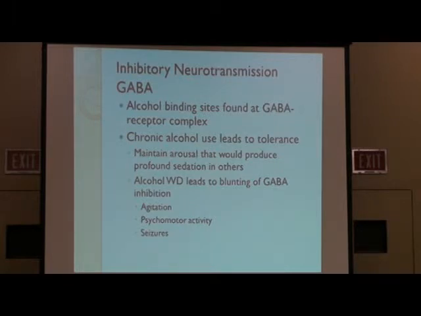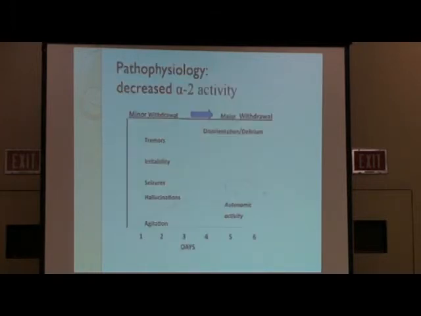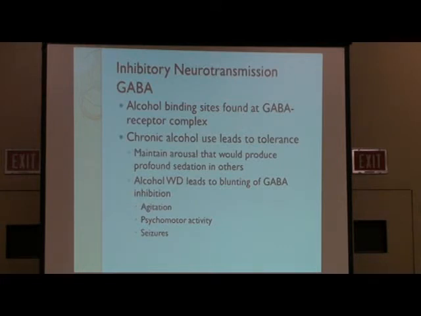And then when the alcohol is withdrawn, that leads to blunting of the inhibitory effect of the GABA receptor, and then you get an excitatory effect. This is centrally mediated, so you get the CNS symptoms: agitation, psychomotor activity, and potentially seizures.